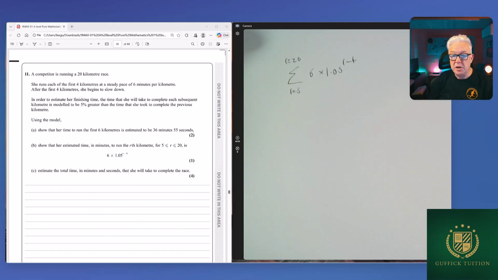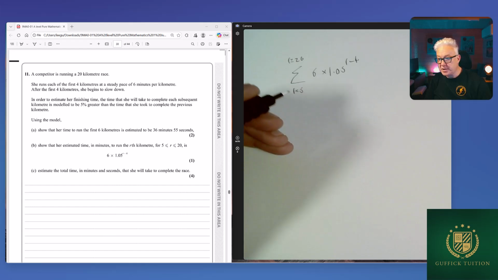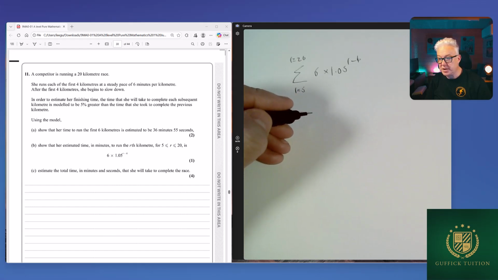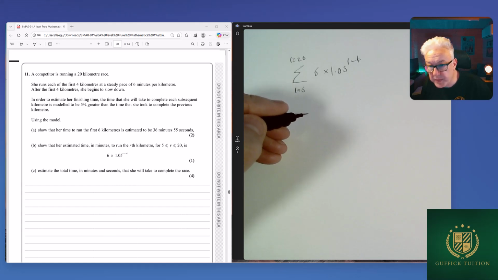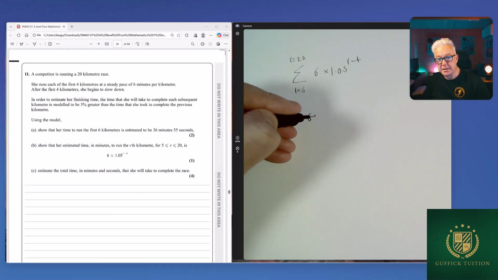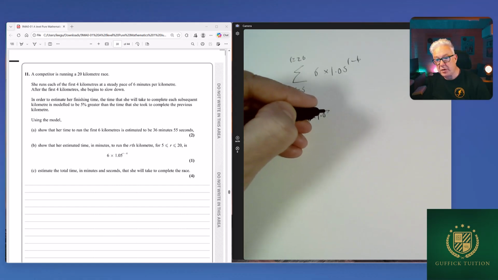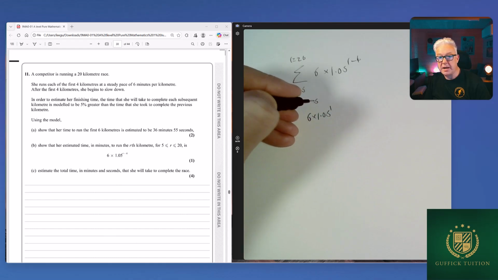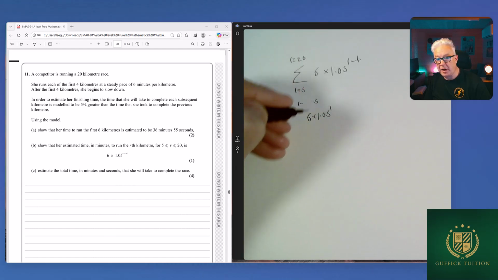The best thing to do here is to think about a geometric sequence. The first term is going to be term 5, which is 6 times 1.05 to the 1, when r is equal to 5.